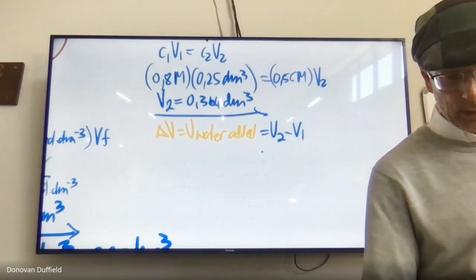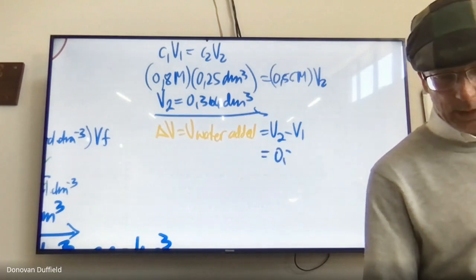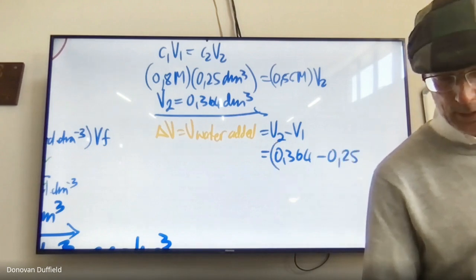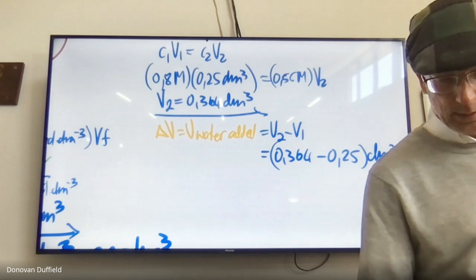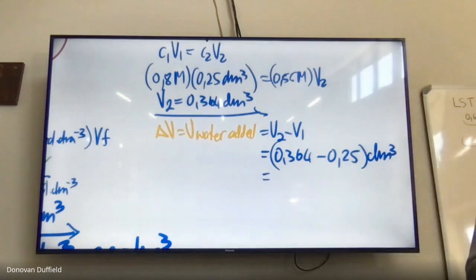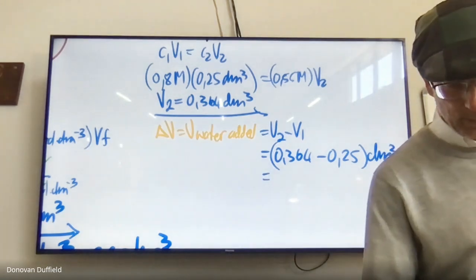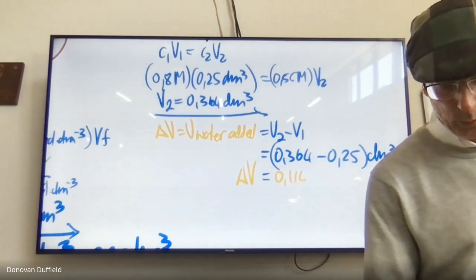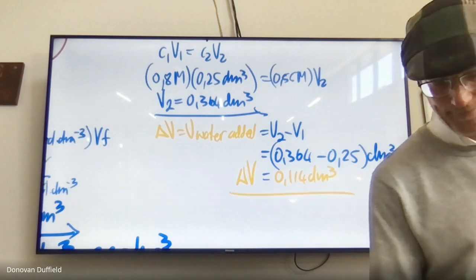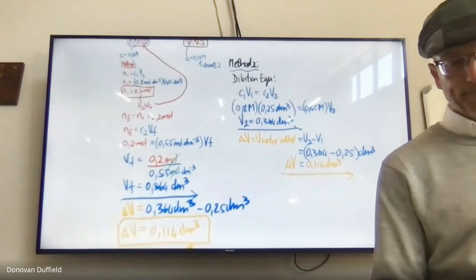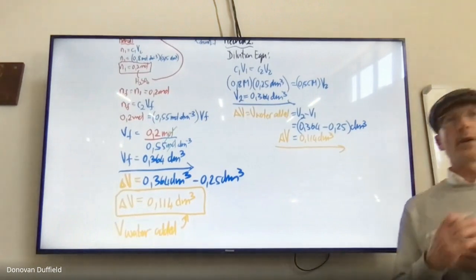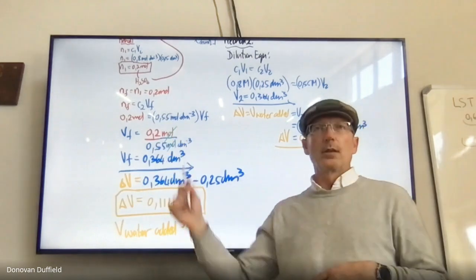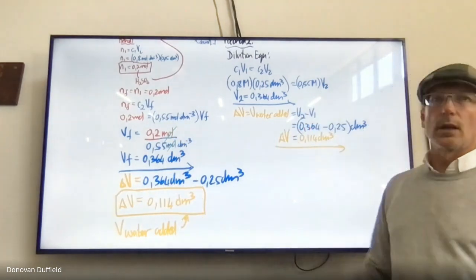And that is going to be 0.364 minus 0.25 cubic decimeters, and we know that that gives us delta V is 0.114 cubic decimeters. Much easier. So my advice to you is, even though you understand this or should understand this, if you're given the opportunity, just use that.